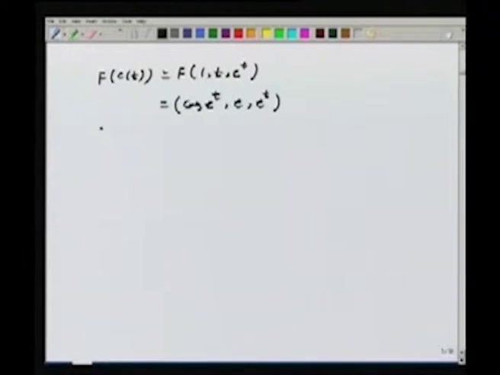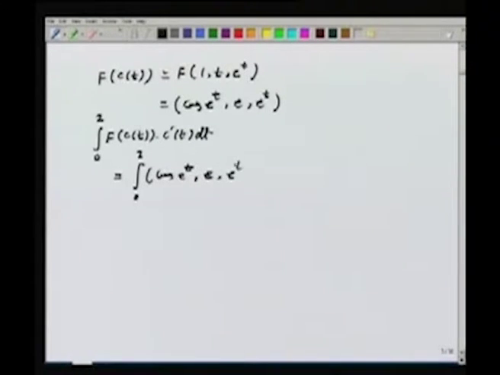Now I just look at this integral, integral 0 to 2 of f of C(t) dot C prime t dt, which equals integral 0 to 2 of cosine of e to the power t, e, e to the power t, dot now C prime t, which I know is 0, 1, e to the power t, then dt.